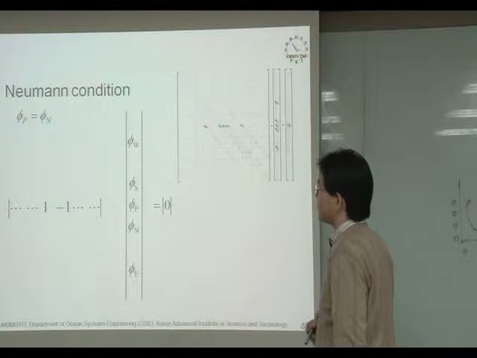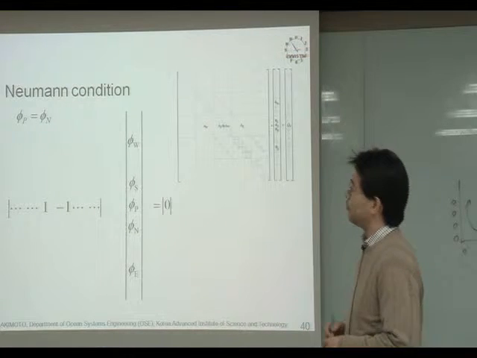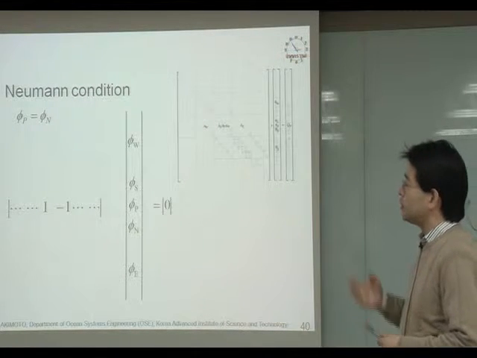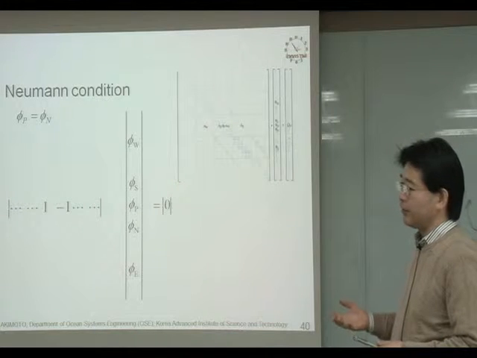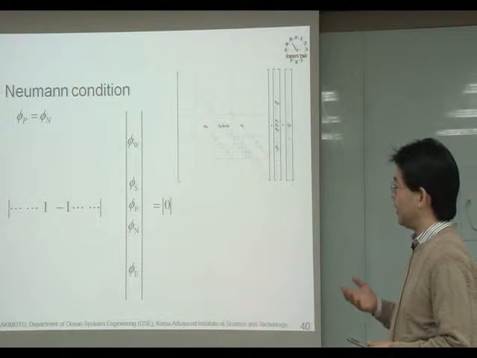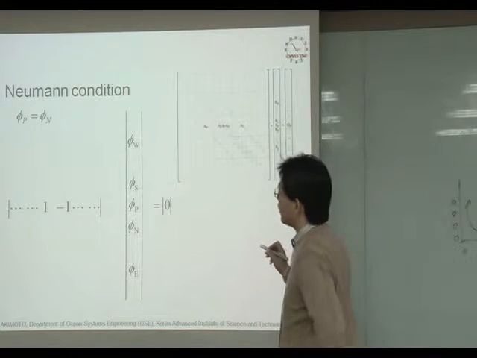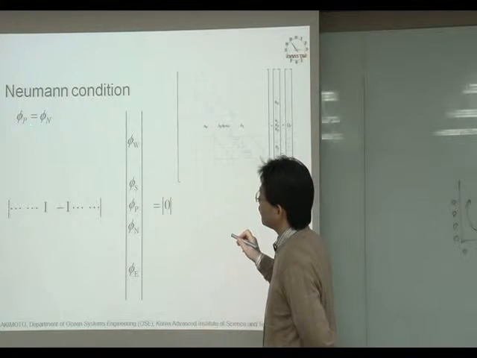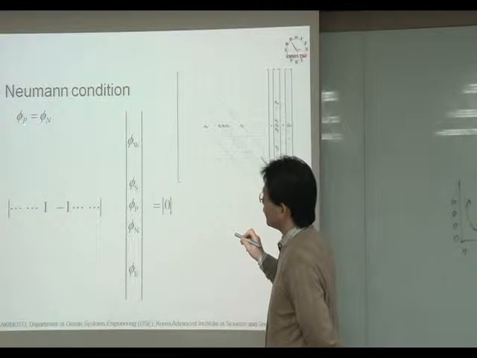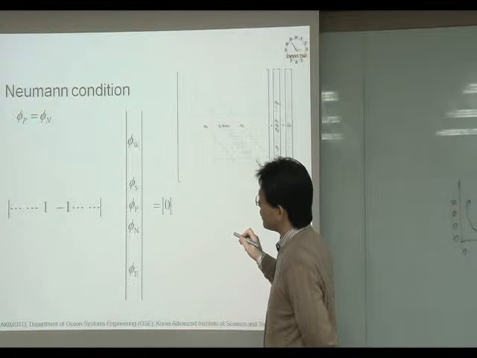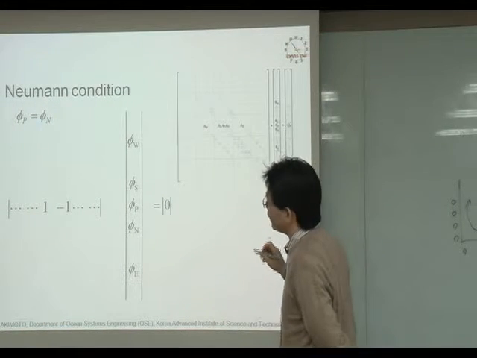The next example is the Neumann condition. The Neumann condition is specifying a gradient at a certain point. In this case, I select this one. Phi p is equal to phi n.